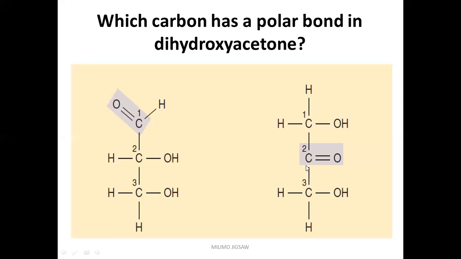Carbon 2 has a polar bond in dihydroxyacetone because of the high electronegativity of the oxygen atom. So it's carbon 2. Is that clear? Yes, it is. Okay, thank you.